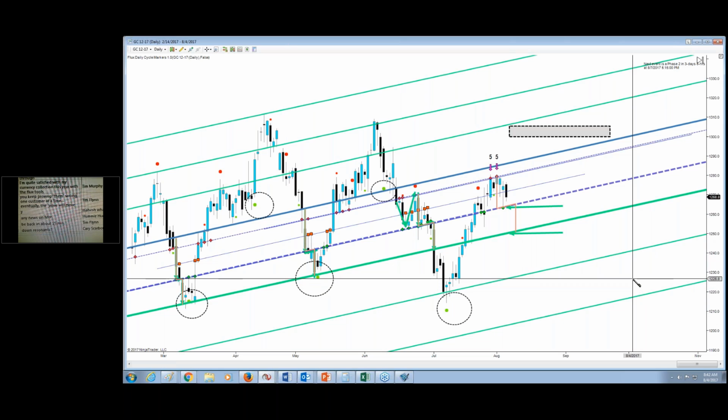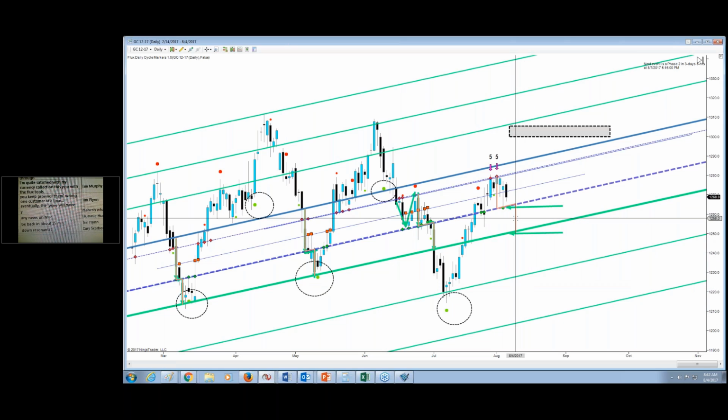We'll call it a lightning bolt pattern because it looks a lot like a lightning bolt. I see a primary reaction at the dotted blue line and then a retracement back to the thick green line on the bottom.